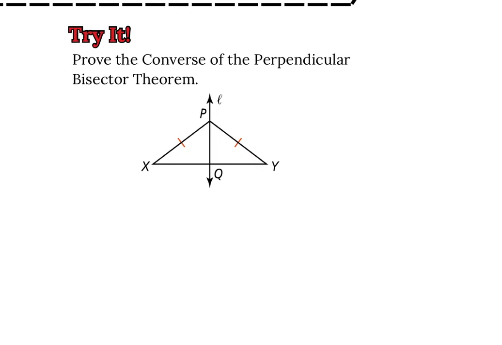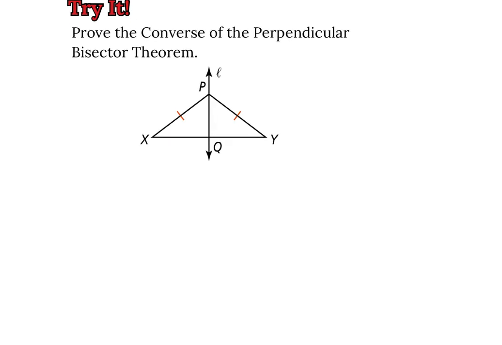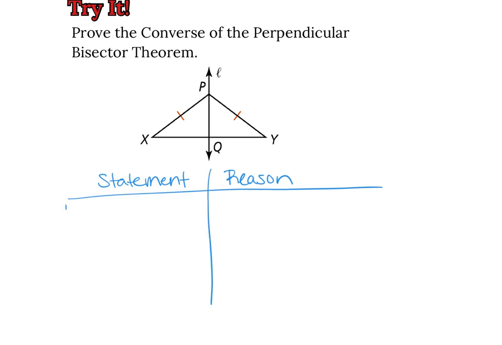All right, our try it, we need to prove the converse of the perpendicular bisector theorem. Okay, so we've got our statement and our reason. So our first statement, we know that PX is equal to PY, and that was given.